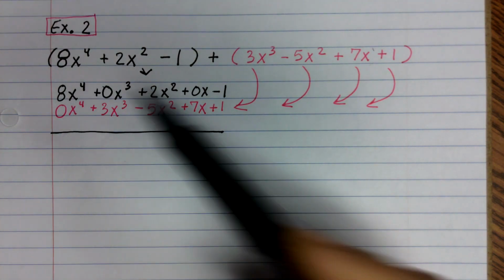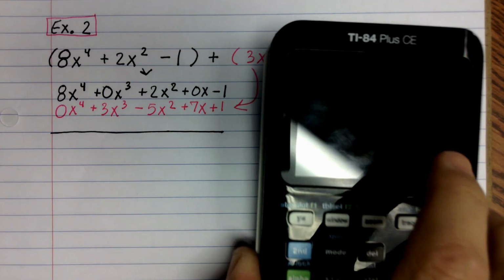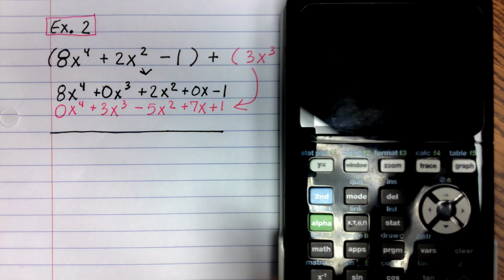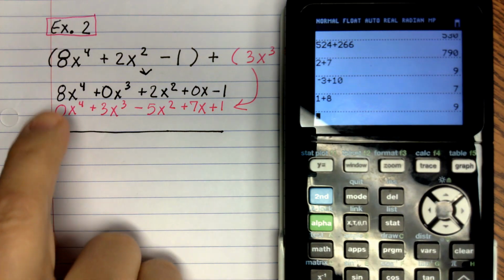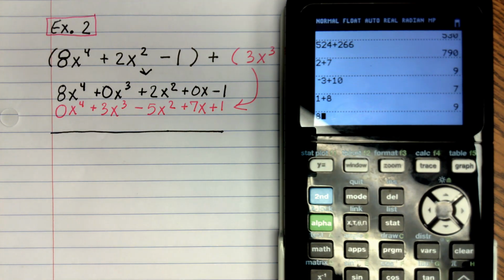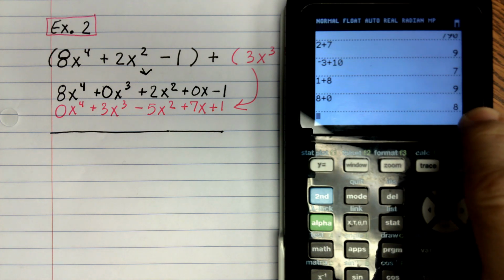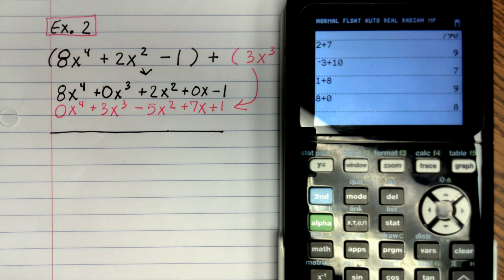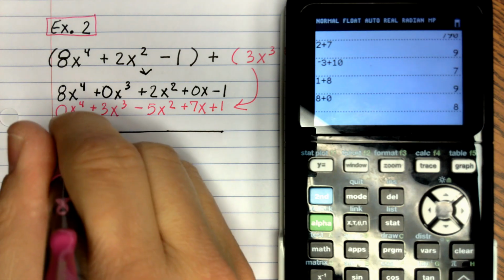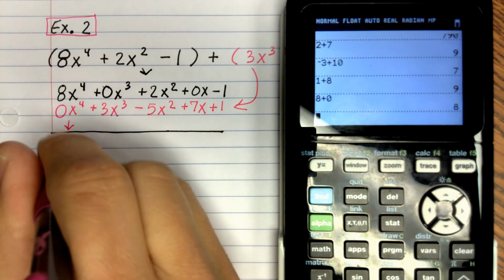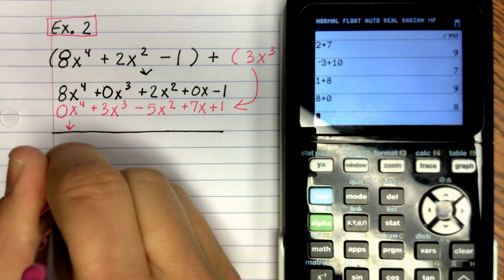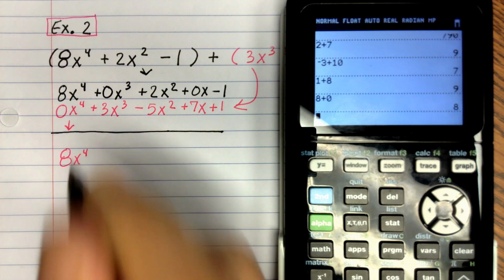Now I'm going to draw my line underneath it, and we're just going to do math from top to bottom. I know 8 plus 0 is just going to be 8. Not that you need to see it in the calculator, but in my mind I'm literally just saying 8 plus 0. So when I combine these two terms, I have 8x to the 4th power.